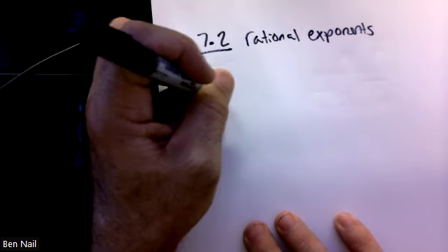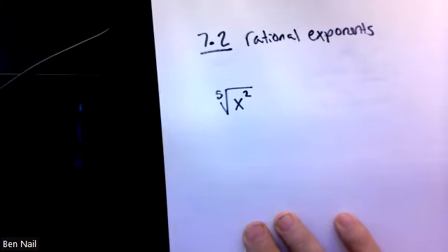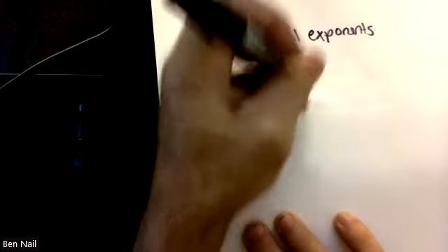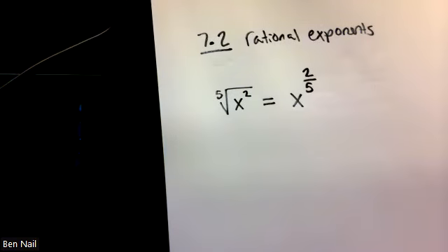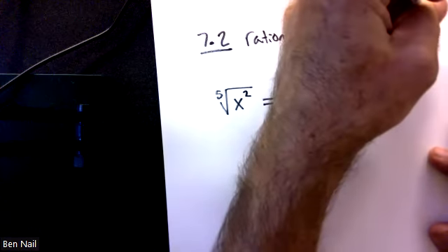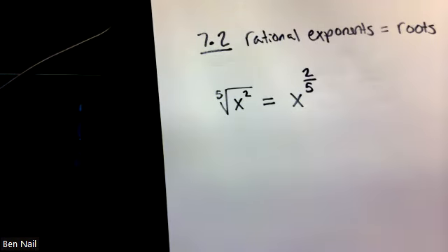For example, the 5th root of x to the 2nd power is the exact same thing as x to the 2/5 power.